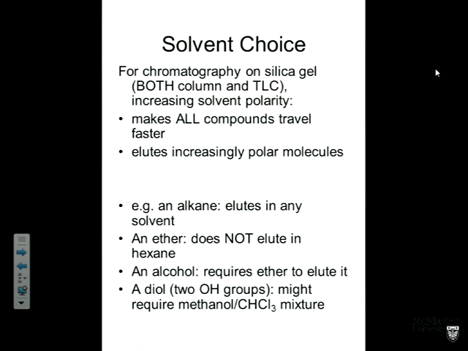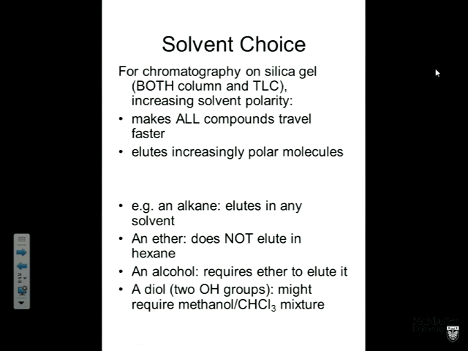So the diol with two OH groups, two functional groups, both of which are polar and bind to the silica gel, now we need a very polar solvent to push it off the silica gel, to replace the molecules adsorbed on the silica gel with solvent molecules.